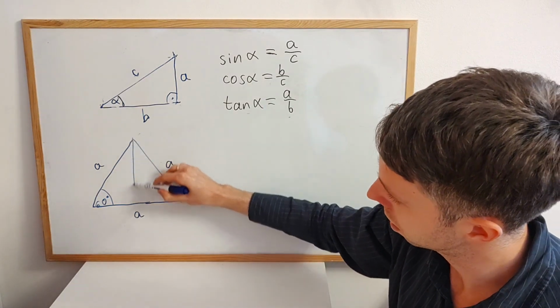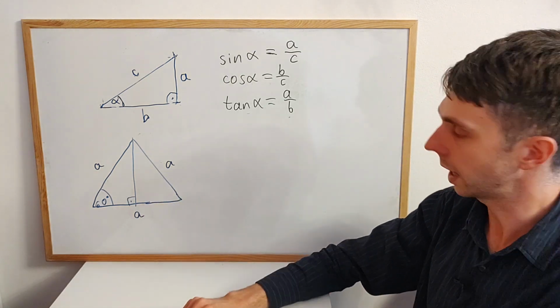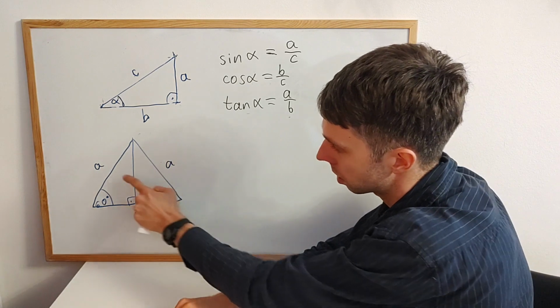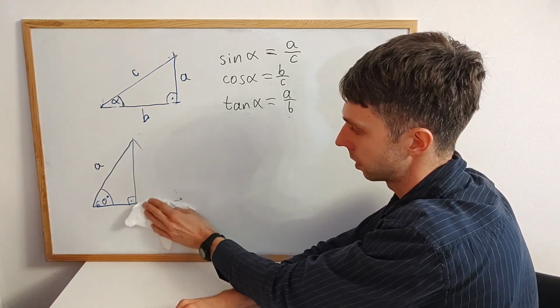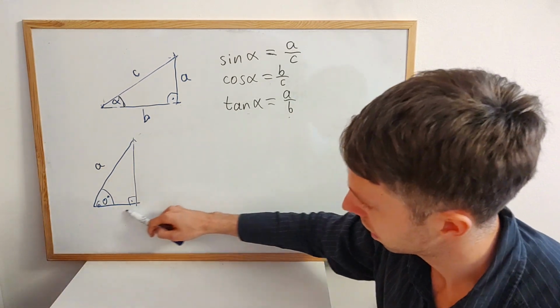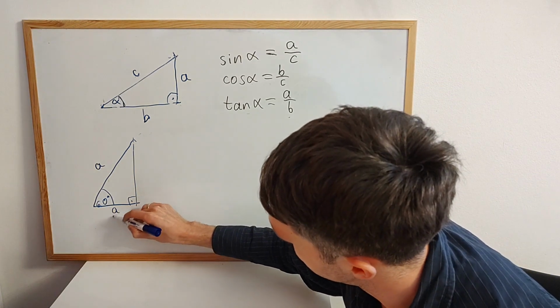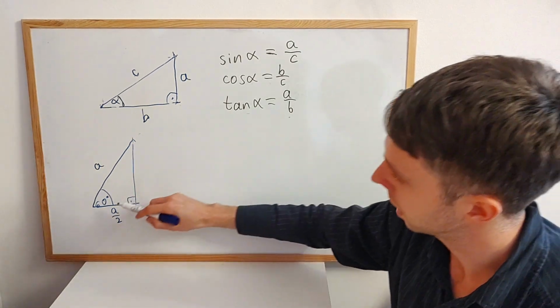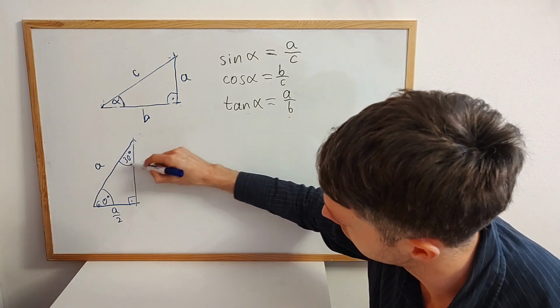So if you draw the height of it like this, here you have a right angle, and let's focus on half of this triangle, okay? So then this is half of the original side, so this is a over 2. Yeah, so here you have 90, 60, and here you have 30 degrees.